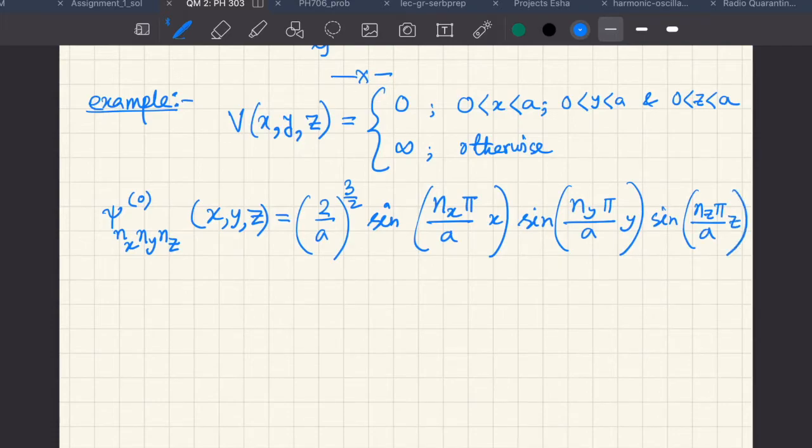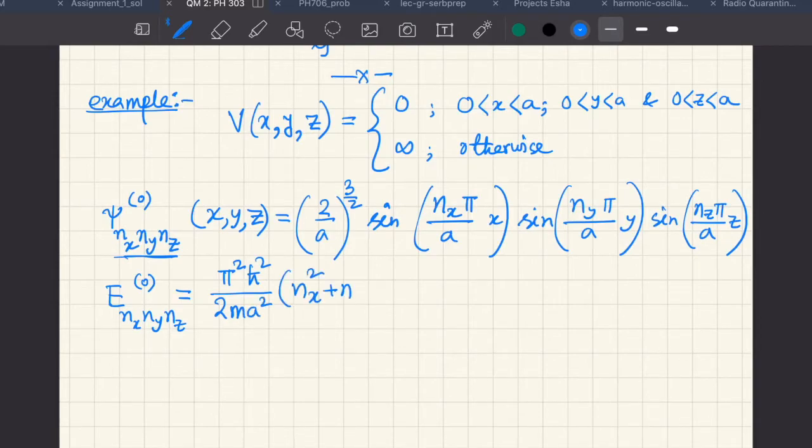That's what your wave function is, and these nx, ny, nz are all positive integers starting from 1. Hence you also know the unperturbed eigenenergies, right? So the unperturbed eigenenergies are E nx, ny, nz. We denote this with 0 to denote that we are dealing with unperturbed eigenenergies, and this is equal to pi squared h bar squared by 2m a squared times (nx squared plus ny squared plus nz squared).